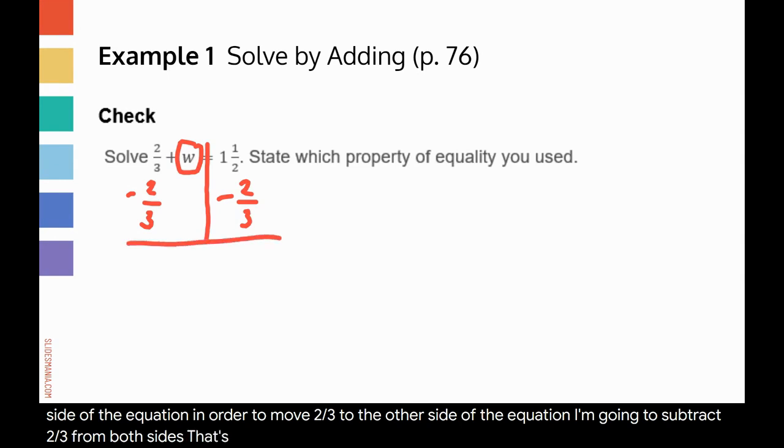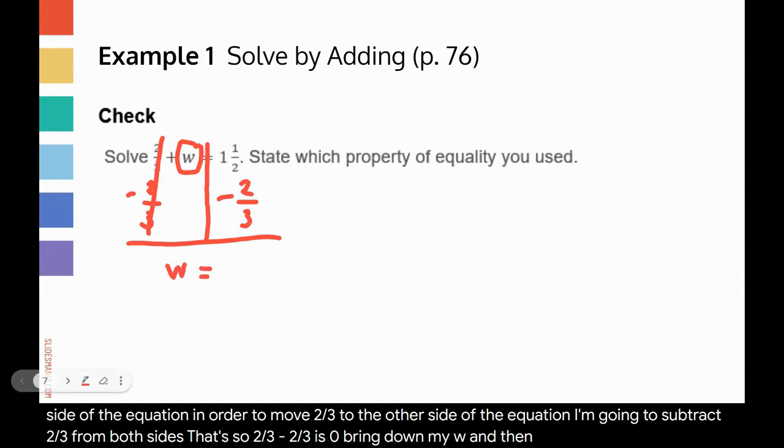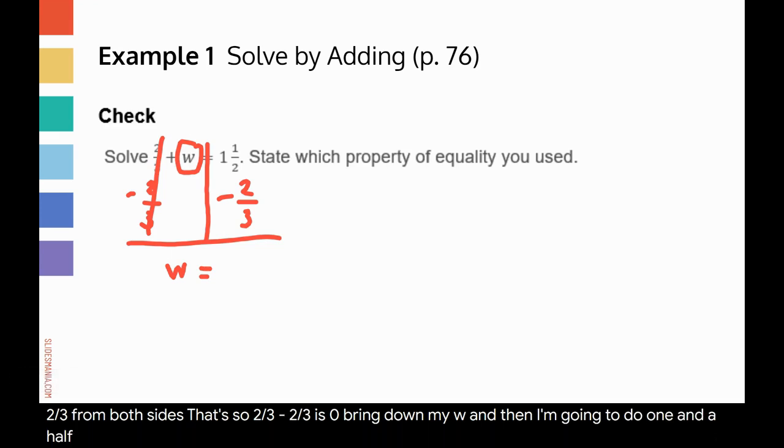Okay, so 2/3 minus 2/3 is 0. Bring down my w. And then I'm going to do 1.5 minus 2/3. And you can use a calculator to do that math.